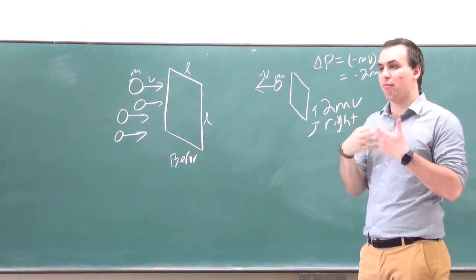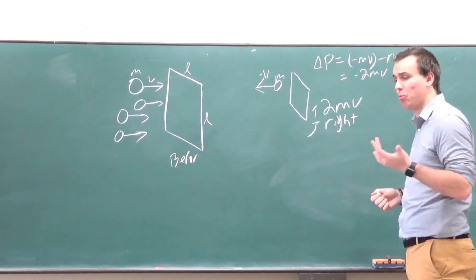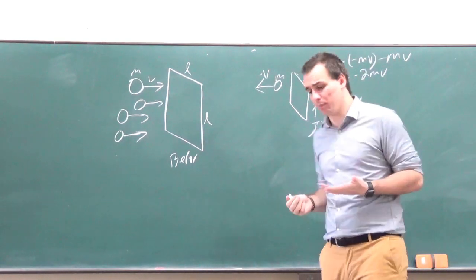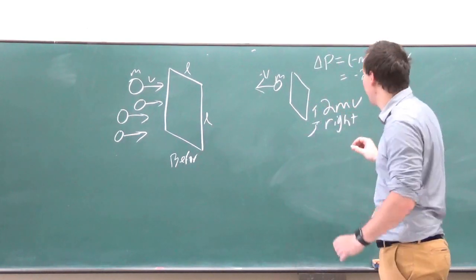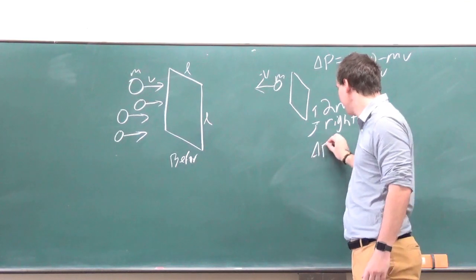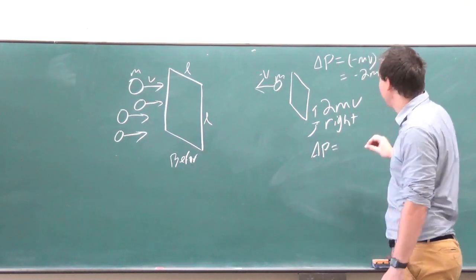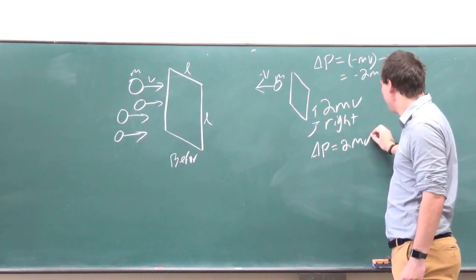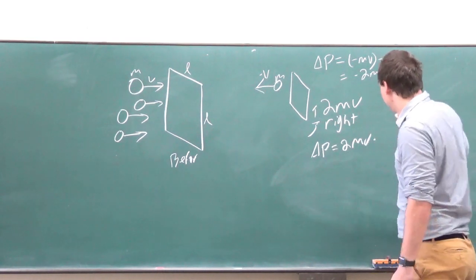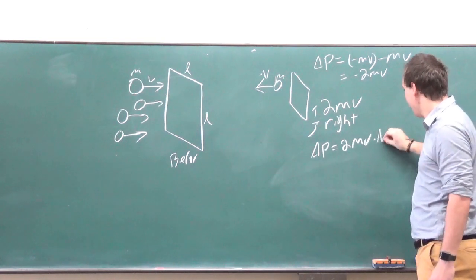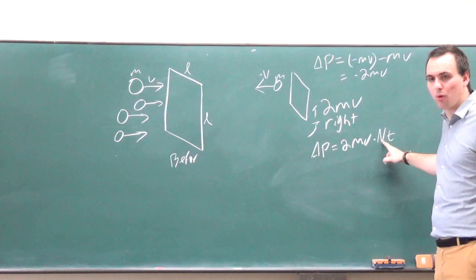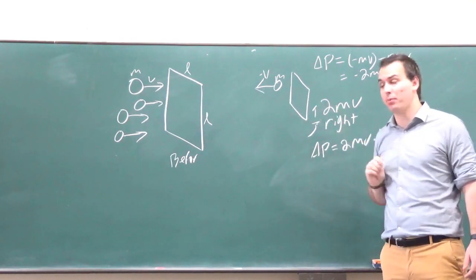So if we have more molecules, we'll have more impulse. And if we have more time, we'll have more impulse. So let's say that the impulse, change in momentum, is 2mv times nt. Because more time and more molecules means more impulse.